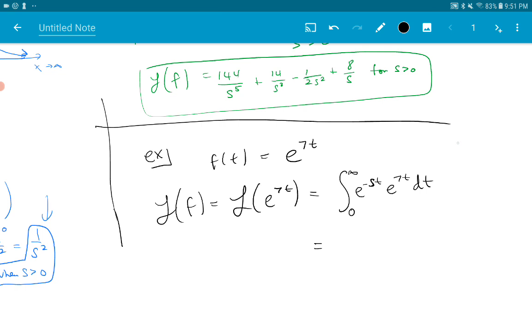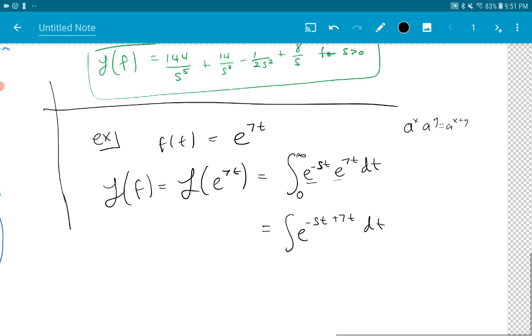Remember how it works? If you ever have a to the x times a to the y, that's a to the x plus y. Just a property of exponents. Well, these have the same base, so this is going to be the integral of e to the negative st plus 7t dt. We'll worry about the limits a little later.